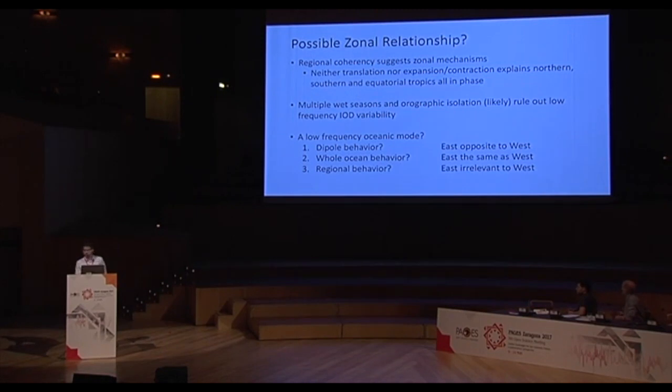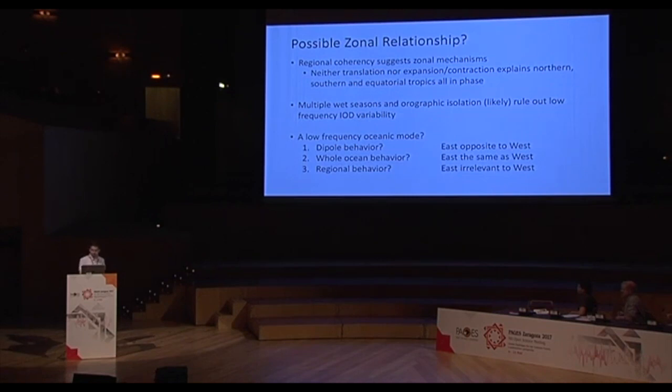So instead, the most likely cause, we believe, is some kind of low-frequency sea surface temperature mode, as all of these records have the same source moisture area in the tropical Western Indian Ocean.